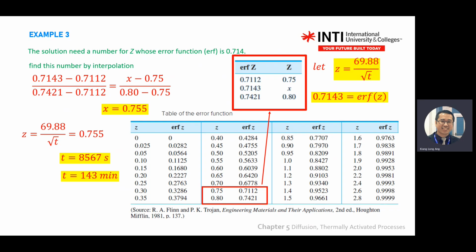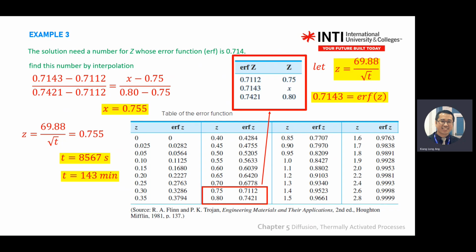Since this is a tutorial question and already given to you, go back home, try to think. We will give you the ERF z value. Are you able to find the concentration needed for that time?